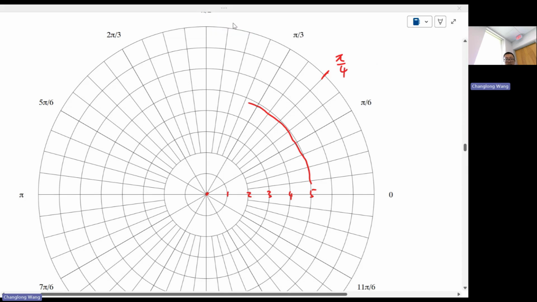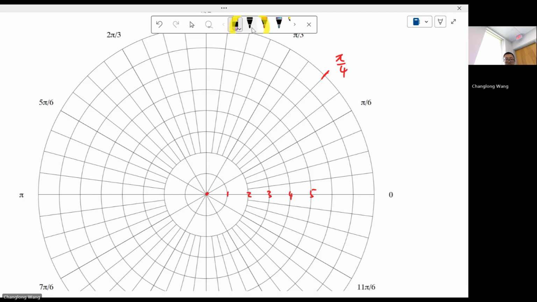That means I'm looking at a point right there. Again, it's 5 units away from the pole, and the angle we're looking at is 45 degrees. So this point is 5 comma pi over 4.